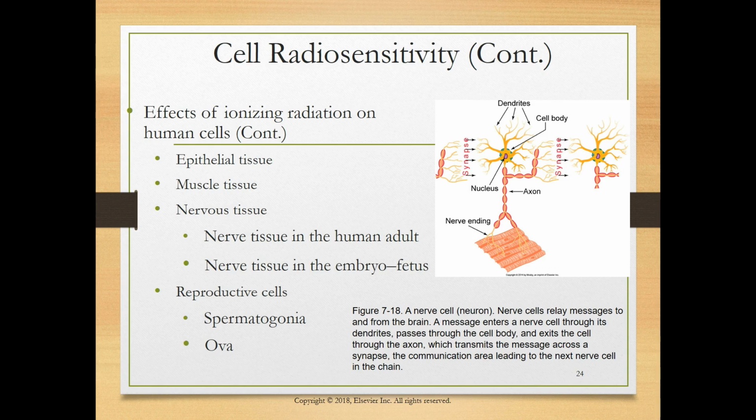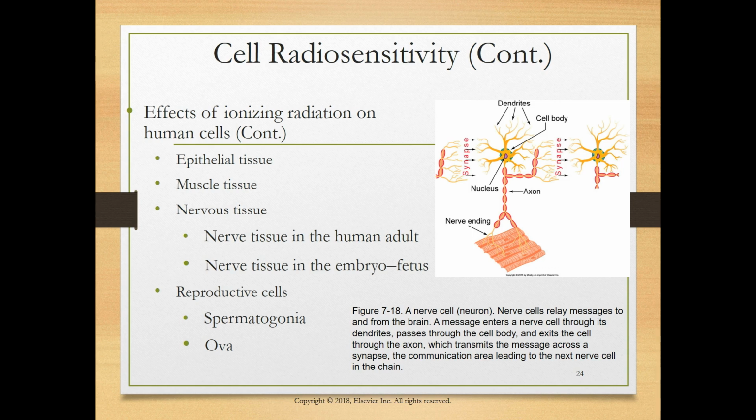Opposite, muscle tissue. It's relatively insensitive to radiation, because they are mature, so it's not immature, it is not constantly dividing, it's specialized, okay? Also, nerve cells are highly specialized, so they are radio insensitive.